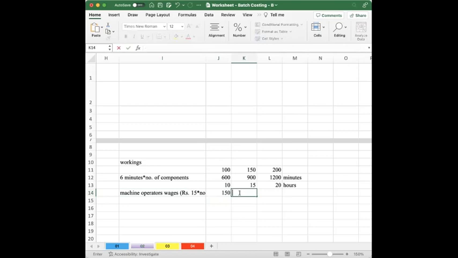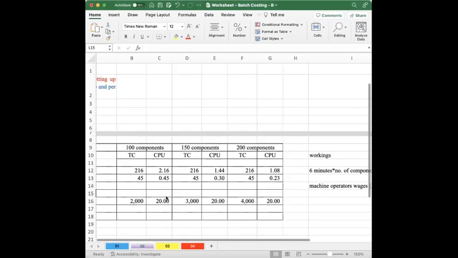Again here, 15 into 15, right? 15 rupees paid and 15 hours taken. Again 15 into number of hours 20. So this will be the machine operators' wages. Clear? Now let's go. So these are workings.